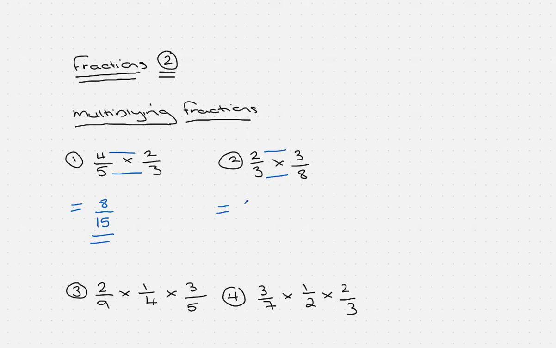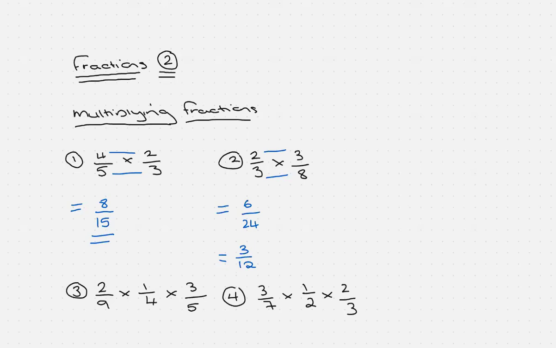Now this one does simplify because they're both even numbers. The highest number that could go in isn't 2 though, but if 2 is the one you see, we can do it straight away. So it'll be 3/12. Both 3 and 12 divide by 3, so we're going to go again. I'm just going to write the divide by 2 in.